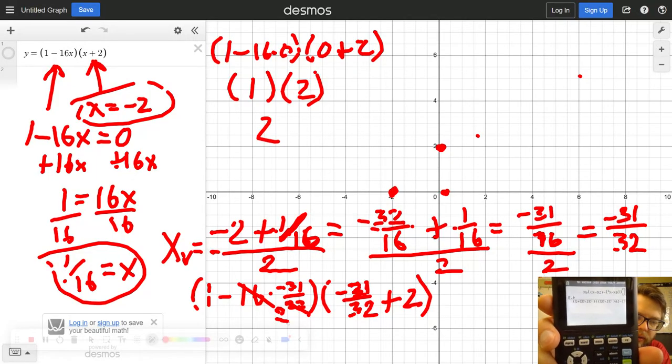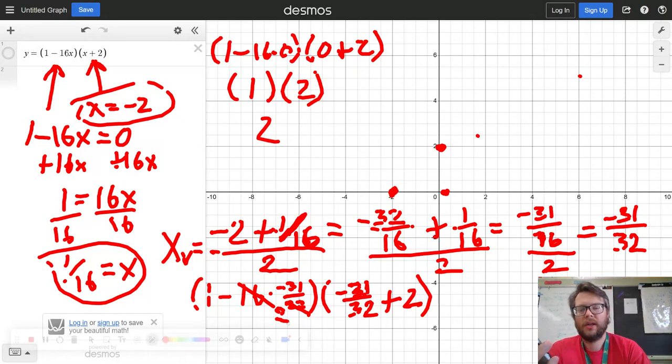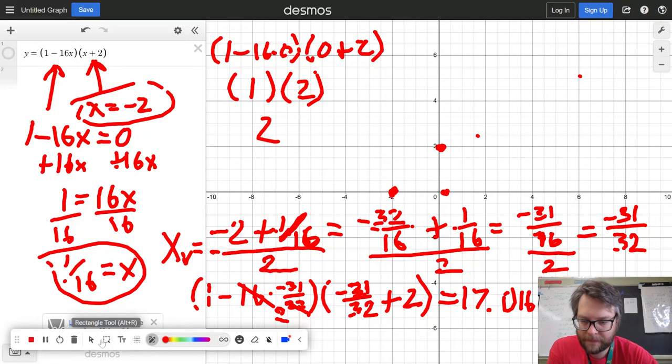I just put -31 over 32 where x was. Type the rest of the equation in. And that tells me my y value is 17.016, etc.